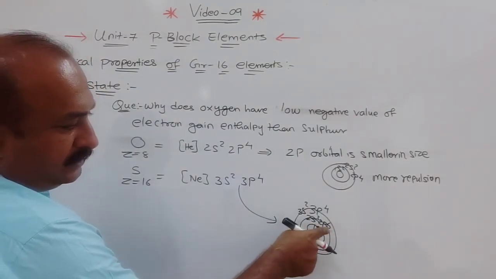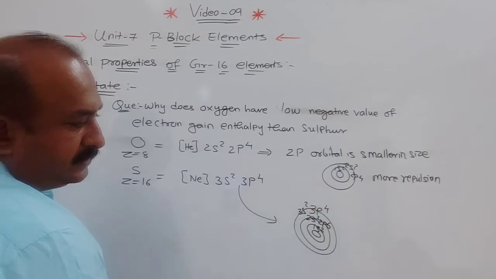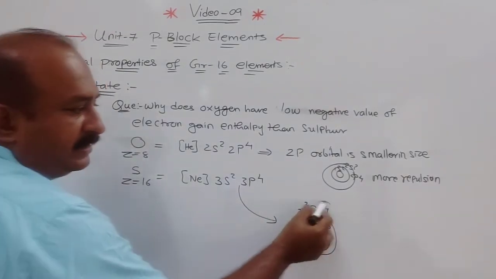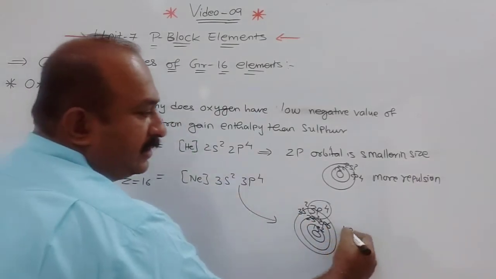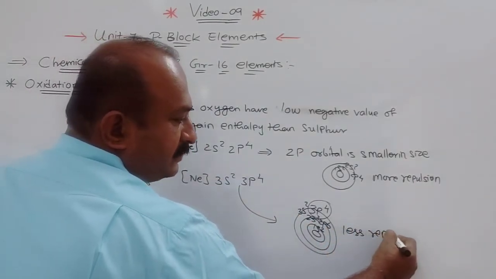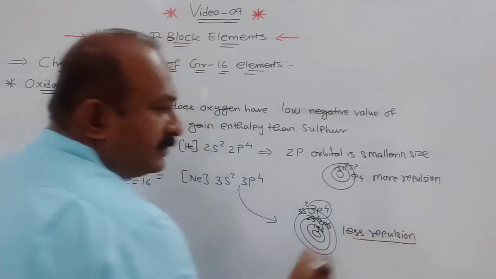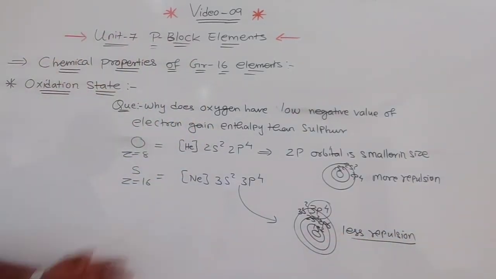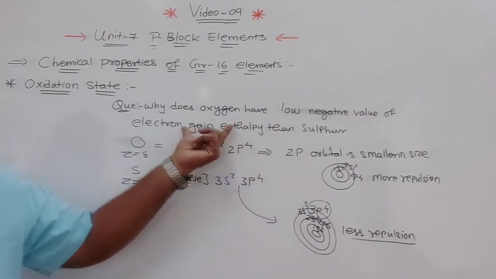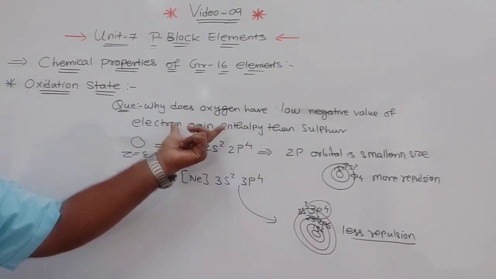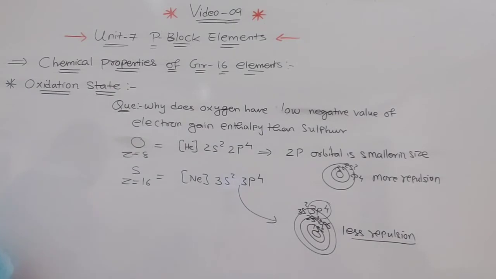In this 3p orbital, which is a bigger size orbital, there is less repulsion comparatively. So this is the answer to the question why oxygen has a lower negative electron gain enthalpy value than sulfur.